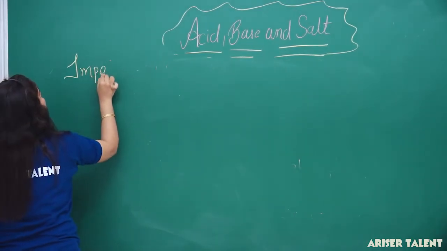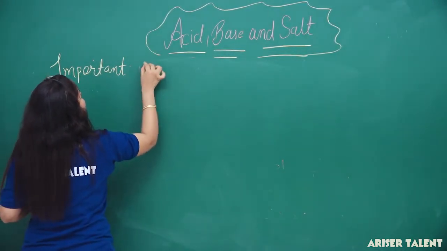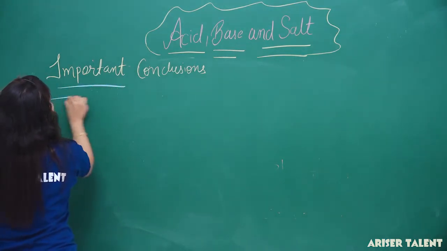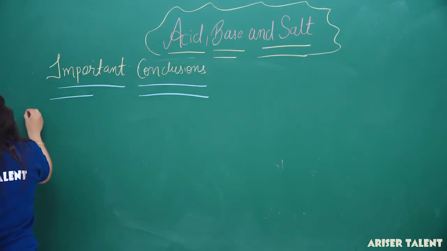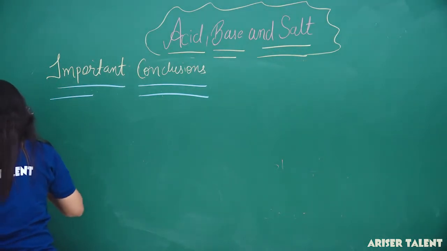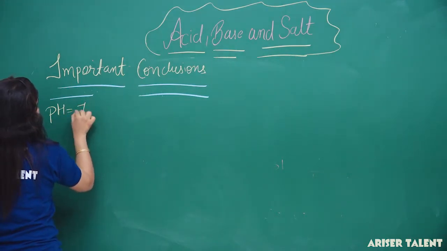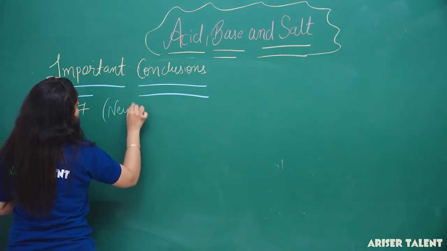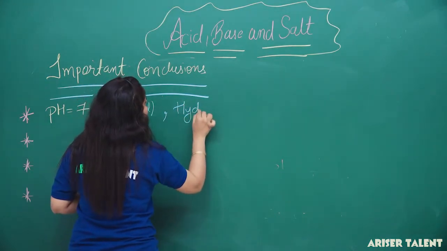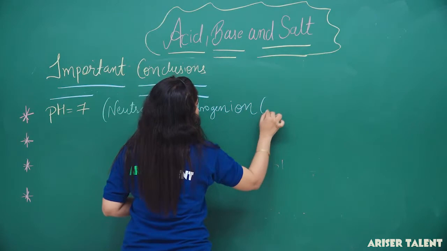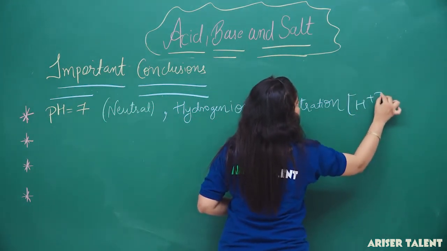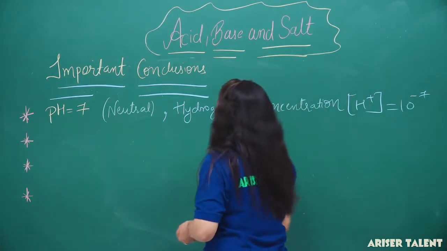Now we have some important conclusions. If pH is 7, the solution is neutral, and for a neutral solution, the hydrogen ion concentration, that is H positive, will be 10 raised to the power minus 7.